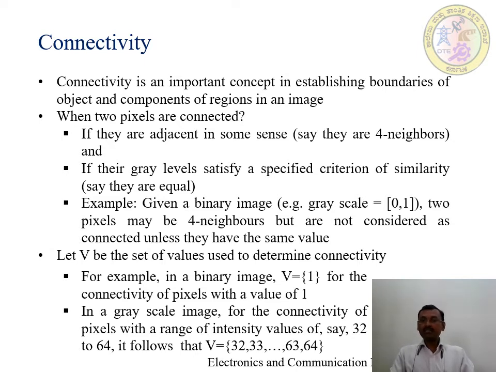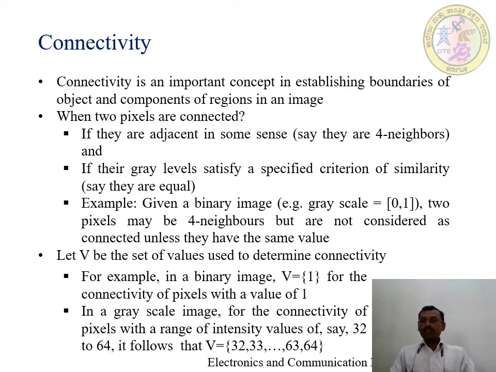That means there is a path established between the two pixels. For example, given a binary image with a grayscale 0 to 1, two pixels may be 4 neighbors but are not considered connected unless they have the same values.